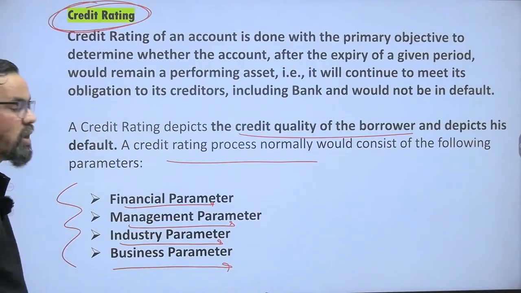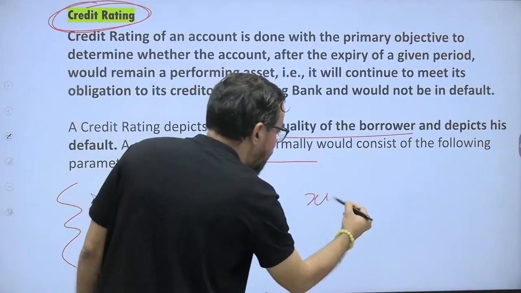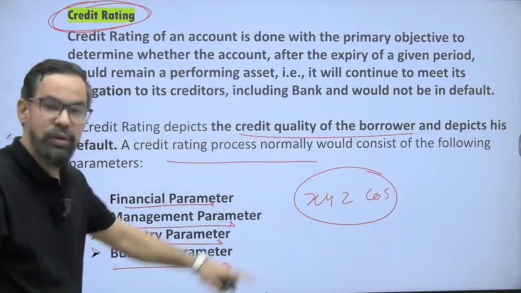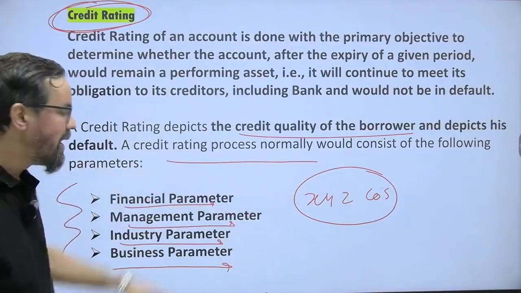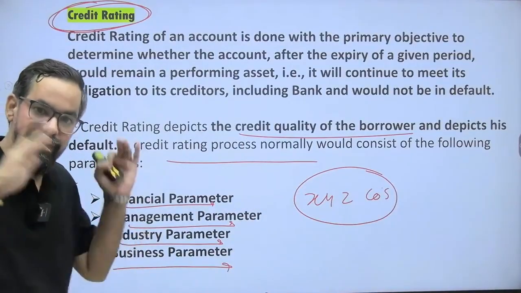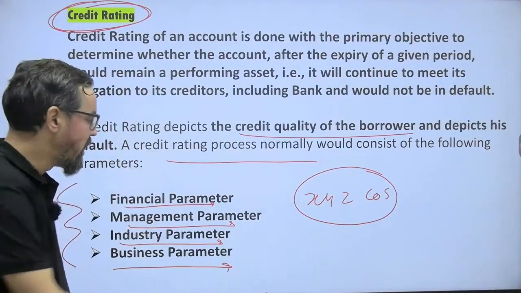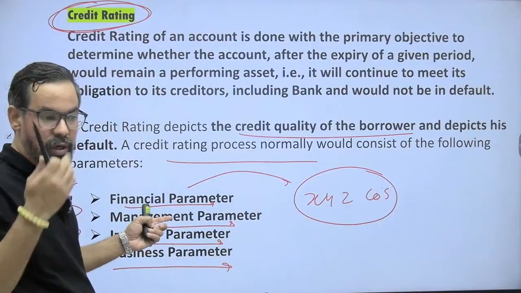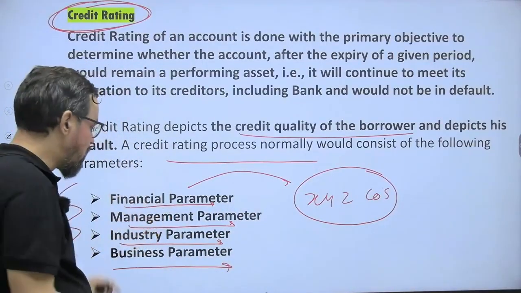Let's say that XYZ company is being rated by a credit rating agency. They'll rate that institution by different dimensions. First we will check the financial parameters based on their balance sheet and profit and loss account.